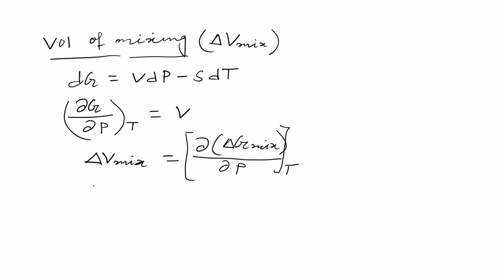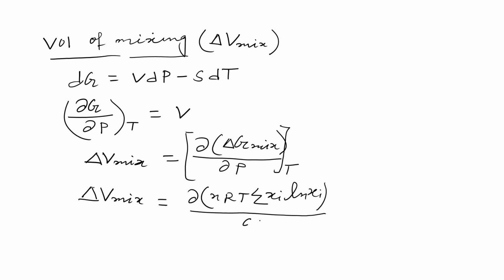Now we put in the value of delta G mixing: delta V mixing is equal to the partial derivative of nRT summation of xi ln xi with respect to P at constant temperature.